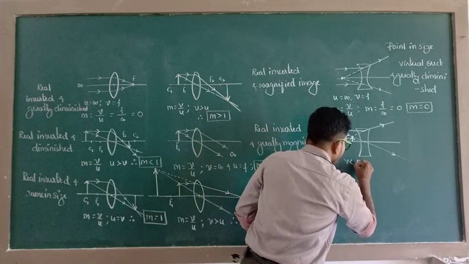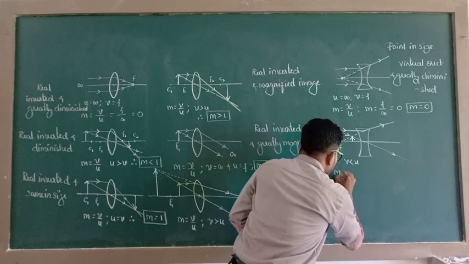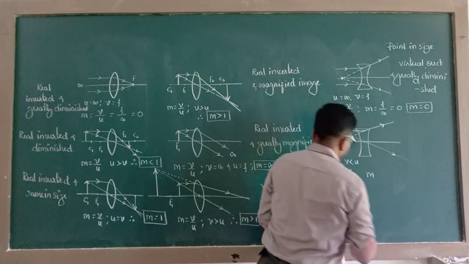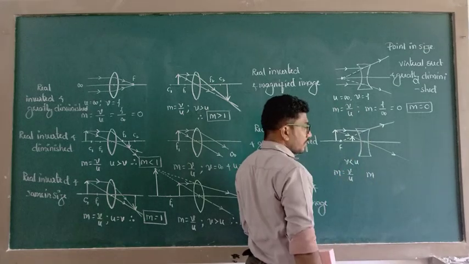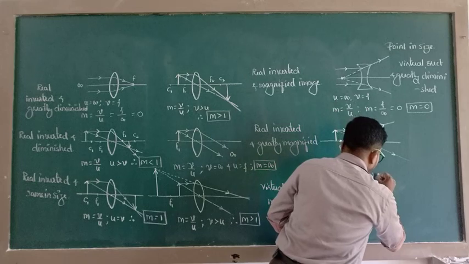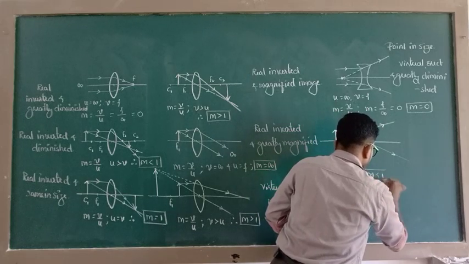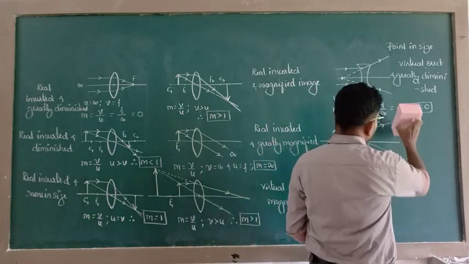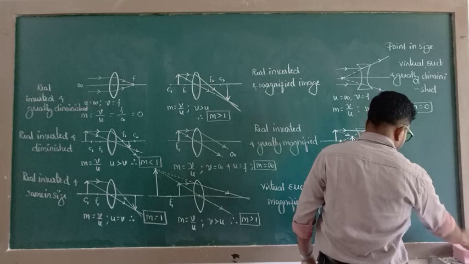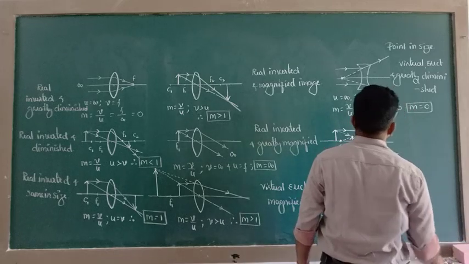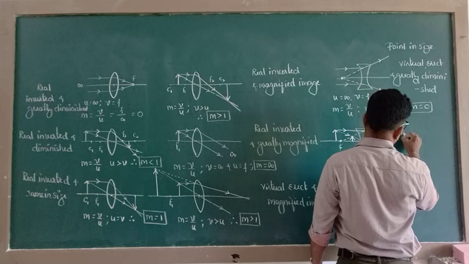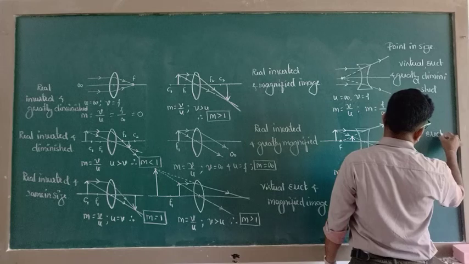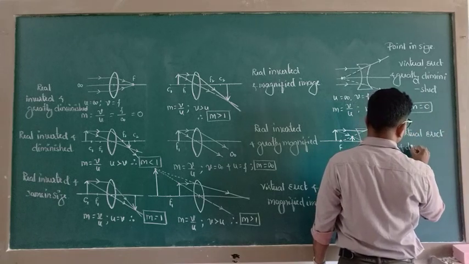Linear magnification is v by u. Therefore, the numerator value is less than the denominator value, so the m value is less than 1. So the nature is virtual, erect and diminished image.